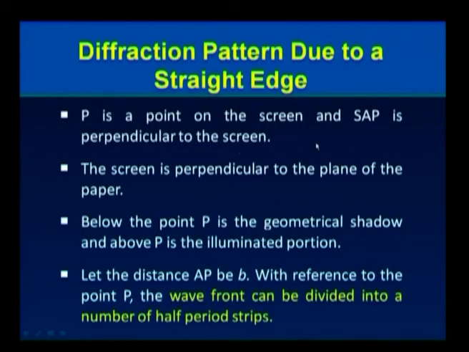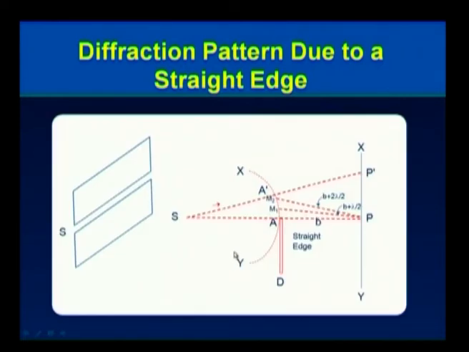P is a point on the screen, SAP is the perpendicular to the screen, and the distance is B. With P here as the pole, to explain the changes in the intensity, as we did in the earlier cases, we have to construct the half period zones.